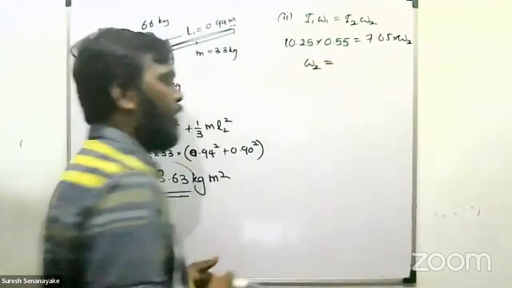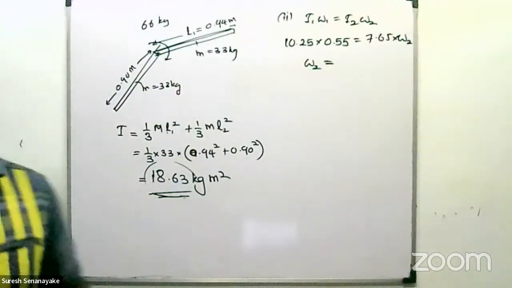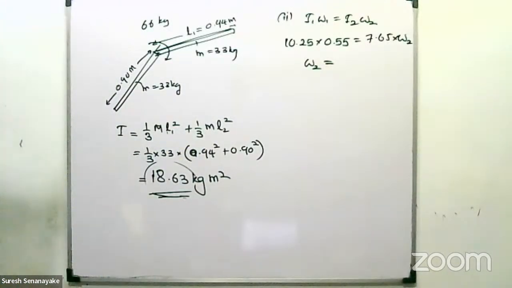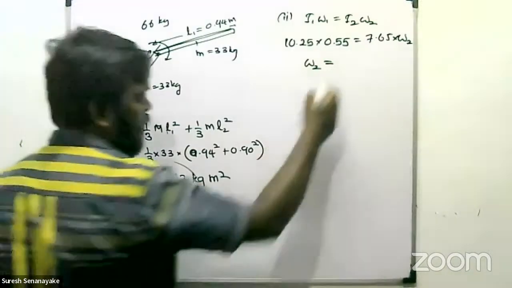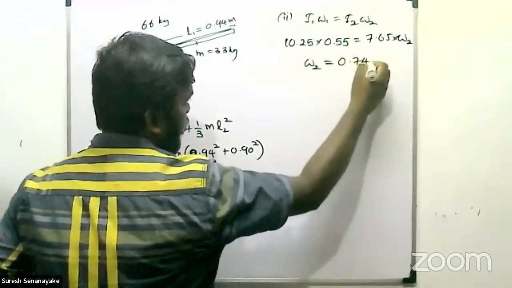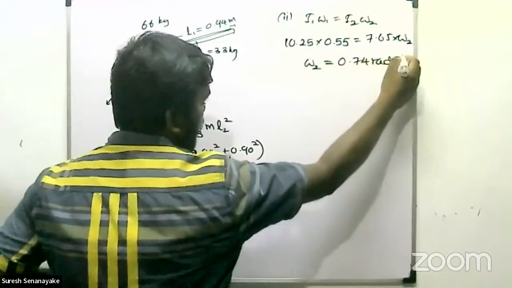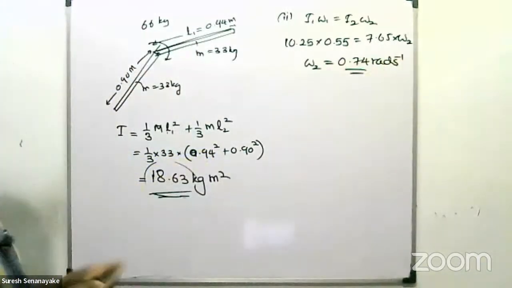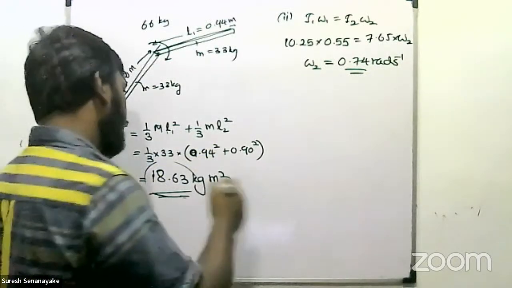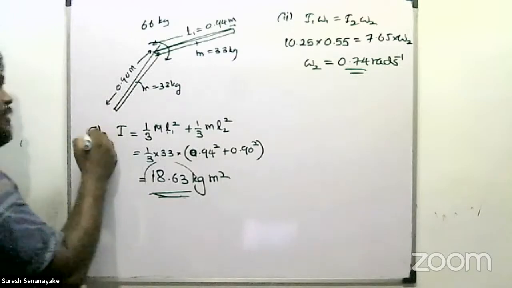You can simplify and put in the values. Approximately it will be 0.74 radians per second. Okay, this is the first part.